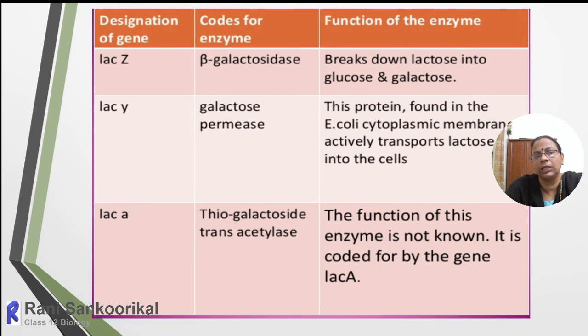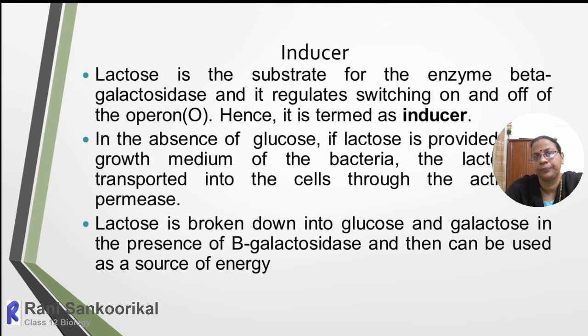Z, beta galactosidase; Y, that is galactoside permease; and A, that is thiogalactoside transacetylase. Beta galactosidase will help in breaking down lactose into glucose and galactose. Then permease will increase the permeability of the cell to lactose, and for transacetylase, the function was not known.